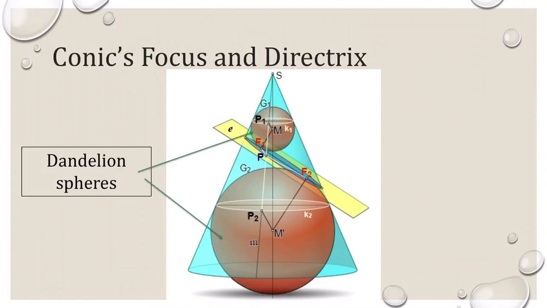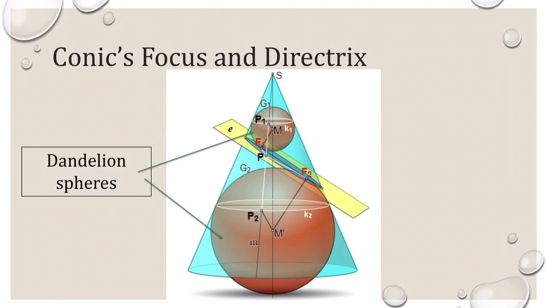Now, the intersections between the two spheres and the plane are 2 points. These points are the foci of this conic, which is an ellipse. And the intersection between the spheres and the cone from inside, as you can notice, will form a circle, right?